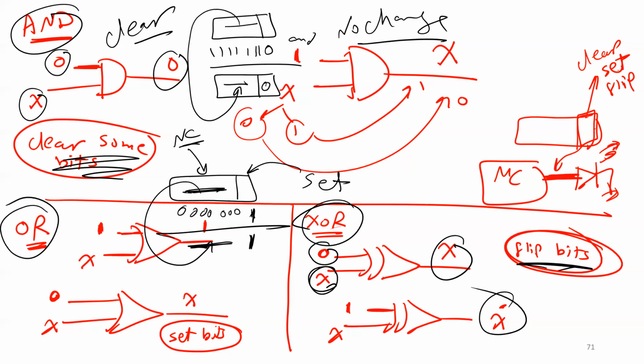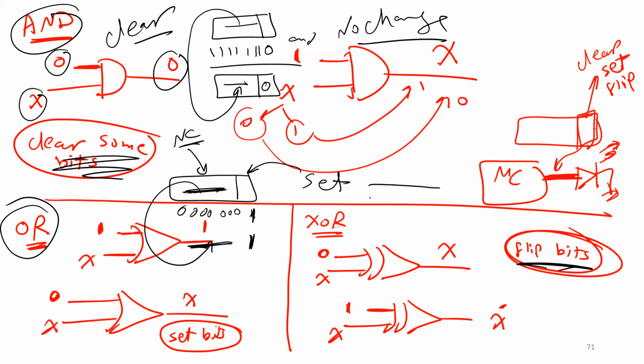This is how, when they invented XOR, it was defined to work. So very simple. If I have a byte and I want to flip this bit with no change here, the bit I want to change, I put 1. The bits I don't want to change, I put zeros. Then I do XOR.